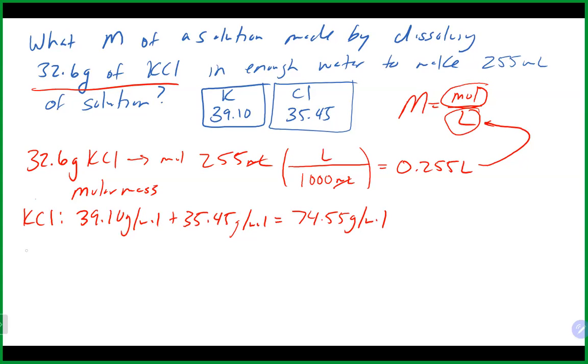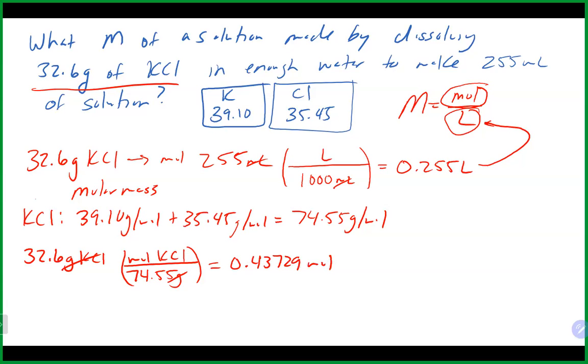So we're going to go with 32.6 grams of KCl. We want to get rid of grams, so it's going to go on the bottom, 74.55 grams per mole of KCl. Grams will cancel. 32.6 divided by 74.55 is going to give us 0.43729 moles. I'm going to take it to a few digits here. And that is the other missing piece that we need to calculate the molarity.